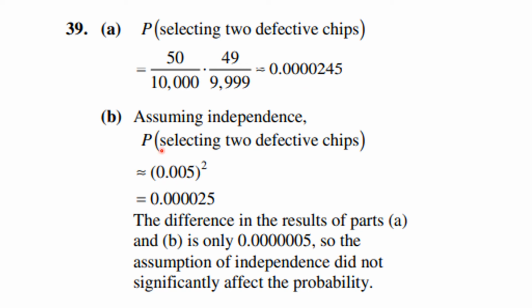If you just take the probability of selecting two defective chips and you assume they're independent, because 2 is less than 5% of 10,000, our sample size is 2, you get this. So the difference is not significant, and so we're using that rule of thumb.